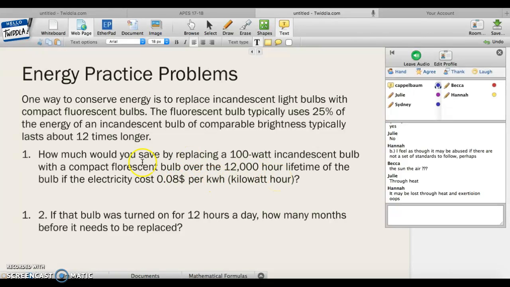So how would we set this up? Let's see here. Let's do black. So you have to figure out where you're starting and where you want to end up.